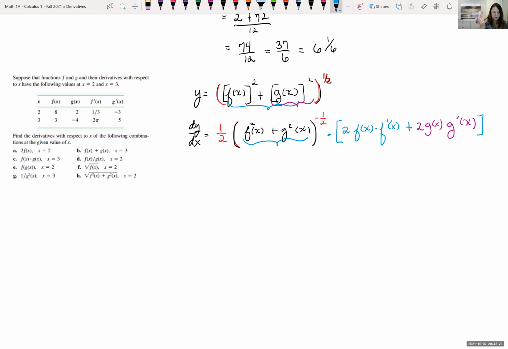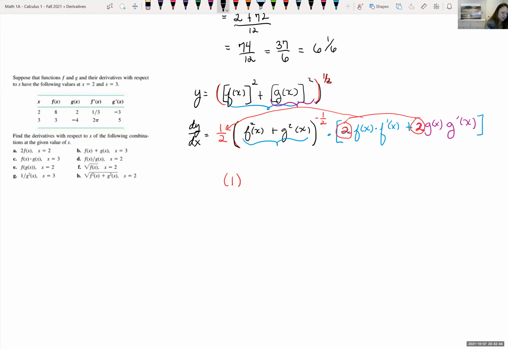So notice I can pull out a 2 inside that bracket. I have a 2 here and I have a 2 here. I could factor that out. And if I pull that 2 out, notice that when I multiply it to that 1/2, I just get 1.